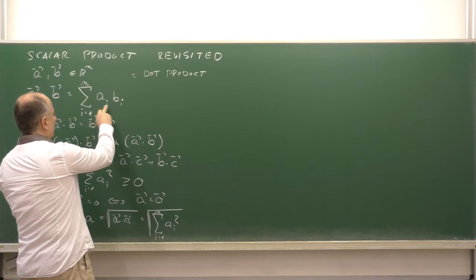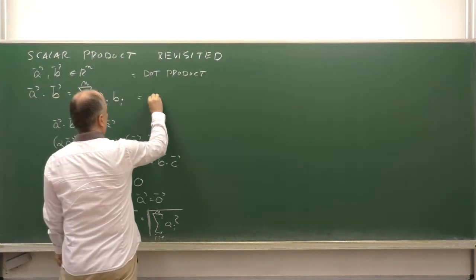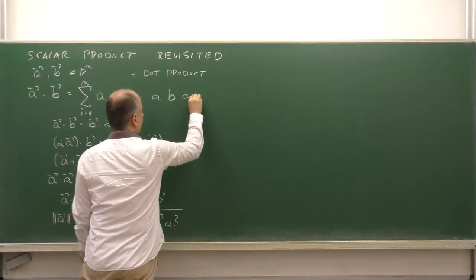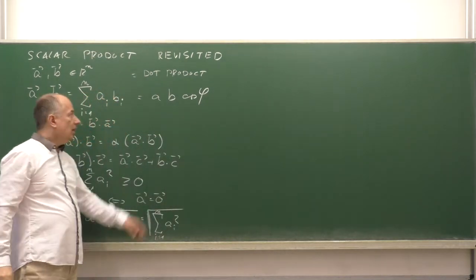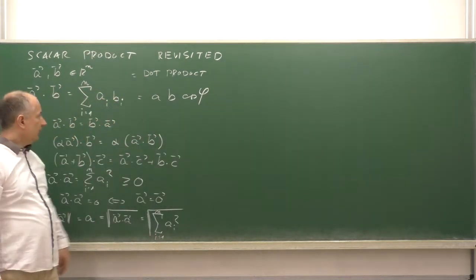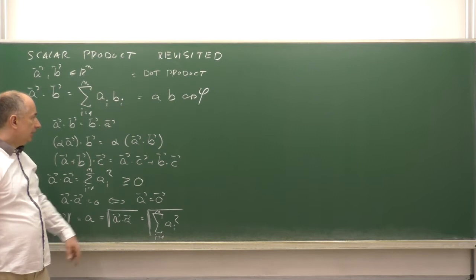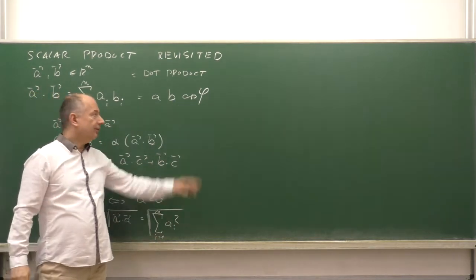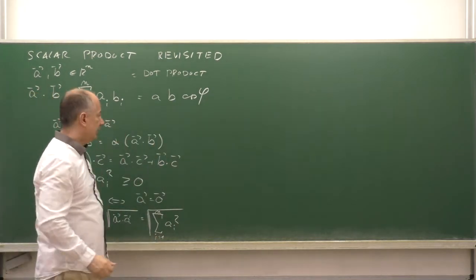But this is also equal to A B cosine of phi, where A is the norm of the vector A, B is the norm of the vector B, and phi is the angle between the two vectors.